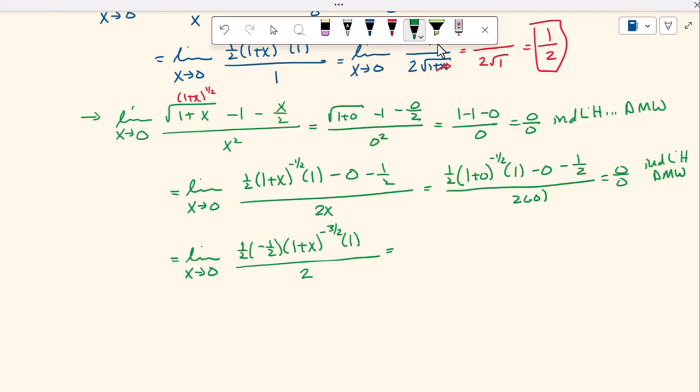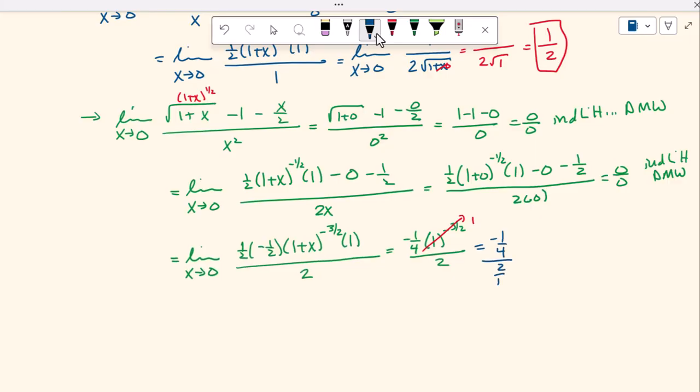Let's take that limit. I have a negative 1/4, and then a 1 to the negative 3/2, all over 2. 1 to any power is going to give you a 1. And I have a negative 1/4 over 2.